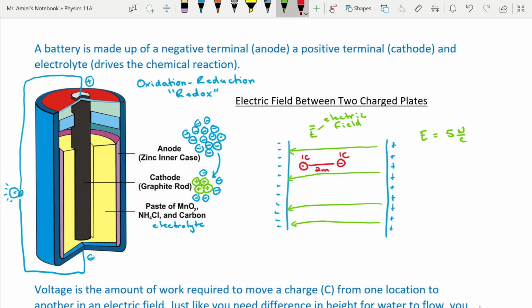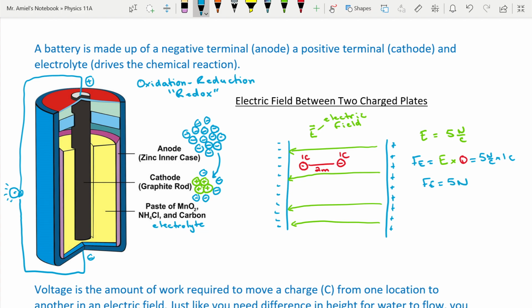We can say that our force produced by our electric field is going to equal our electric field, which is in newtons per coulomb, times the charge that we've got, and so this is going to equal 5 newtons per coulomb times 1 coulomb, and that means that our electric force, or our force due to our electric field, is going to be 5 newtons.